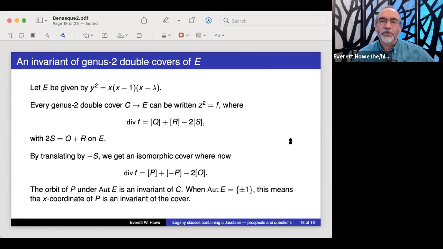What does a genus 2 double cover of an elliptic curve look like? Suppose our elliptic curve at the bottom of the diagram is given in this form.